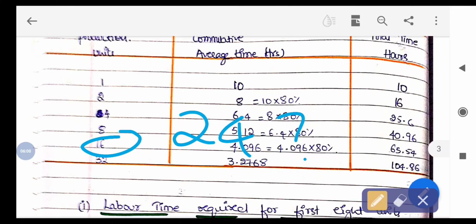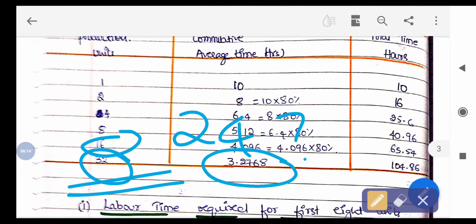When we double 16, it becomes 32, so 24 will fall within 32 units. For 32, 4.096 into 80% becomes 3.2768. So 32 into 3.2768 is 104.86. This is the total time we have got here.